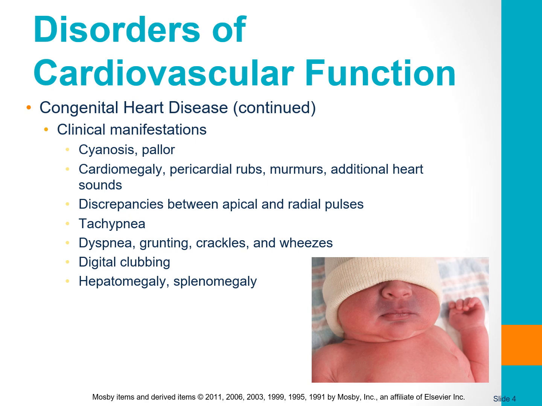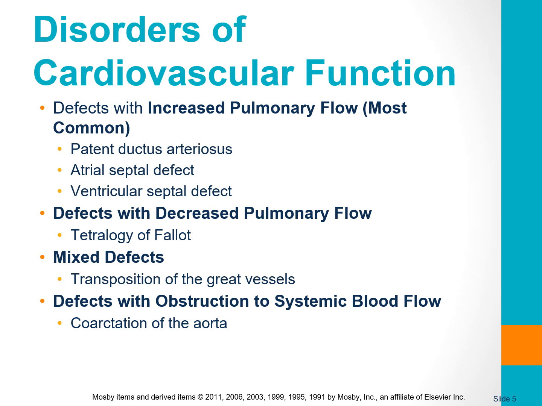Okay, so like I reviewed before, there are 4 different buckets that we are going to place the following disease processes, or cardiac issues, in. The defects are as follows: increased pulmonary flow. This is the most common one. Of the following slides, patent ductus arteriosus falls under this category.